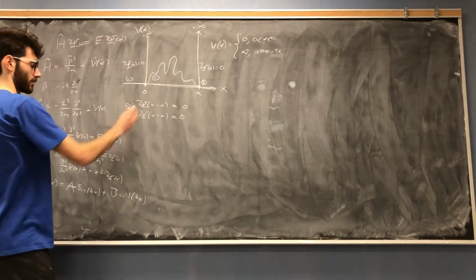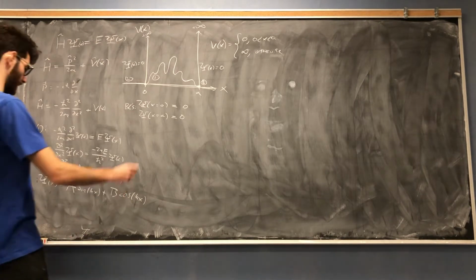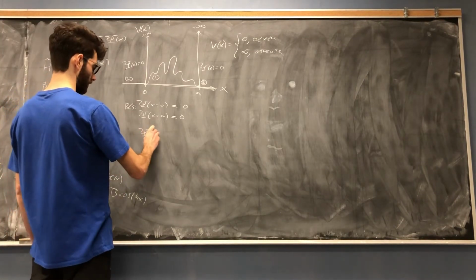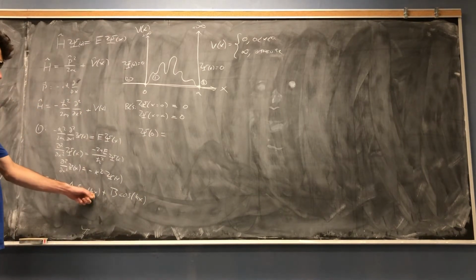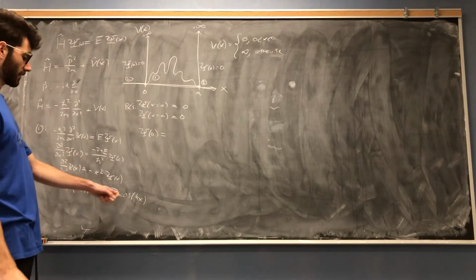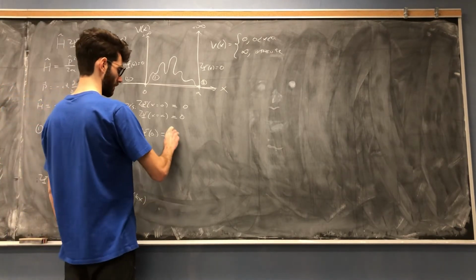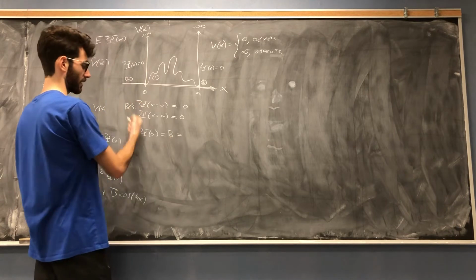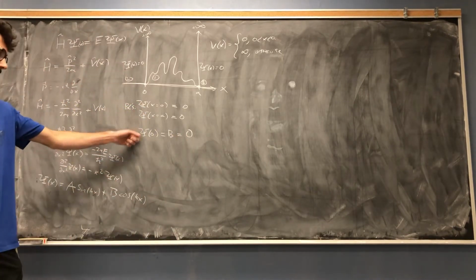So let's start with the first one here. If I plug in x equals 0 into our wave function, I get psi of 0 is a times sine of 0, which is 0, plus b times cosine of 0, which is b times 1. So psi of 0 is b, but by the first boundary condition, this thing has to vanish. So what we've concluded is that this coefficient b is 0.